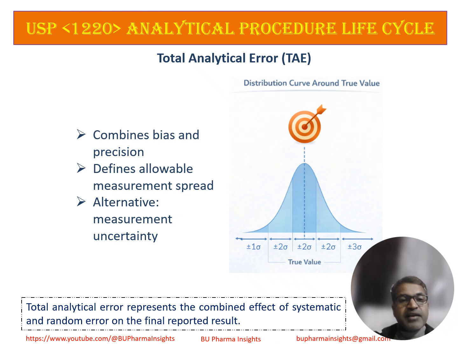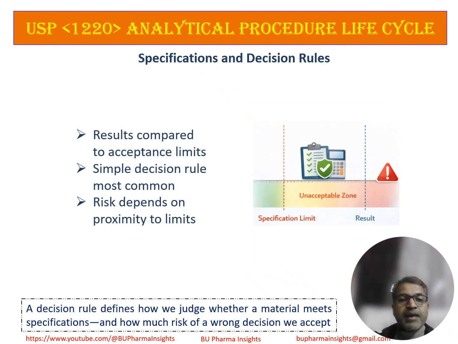Total analytical error combines bias and precision. It defines the allowable spread of measurements. An alternative approach is measurement uncertainty. Total analytical error captures the combined impact of systematic and random error on the reported results.